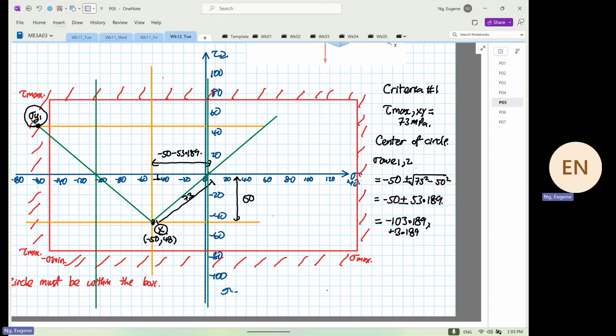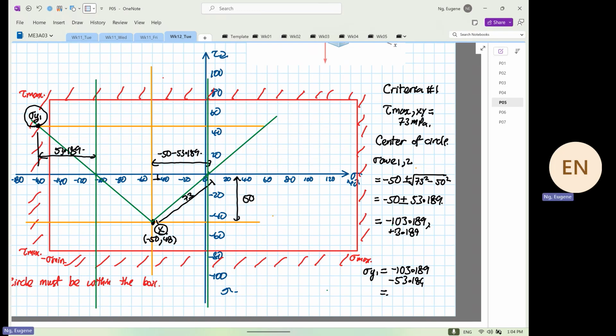Okay. So when it's outside the box, let's calculate what is that value. Okay, so stress Y1 will be equal to what? Will be equal to minus 103.189 and then minus 53.189. Because the distance from here to here, okay, the distance from here to here, I should not have erased that. The distance from here to here is equal to what? 53.189.